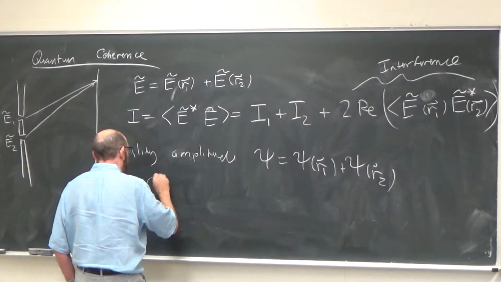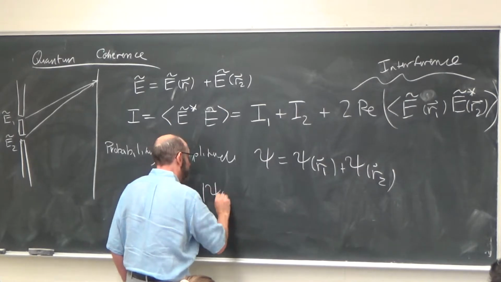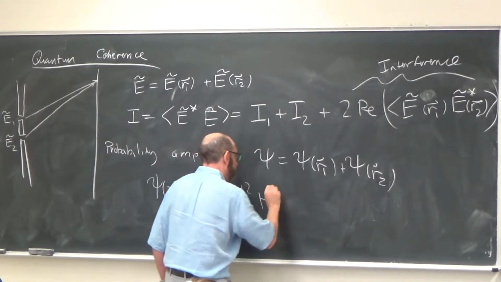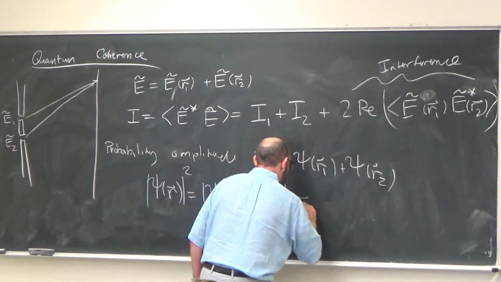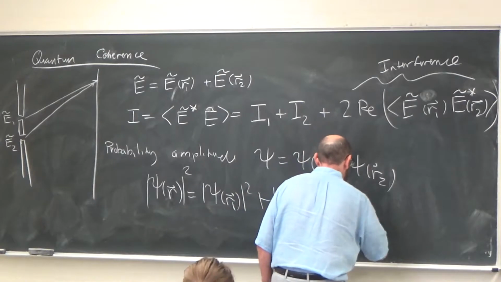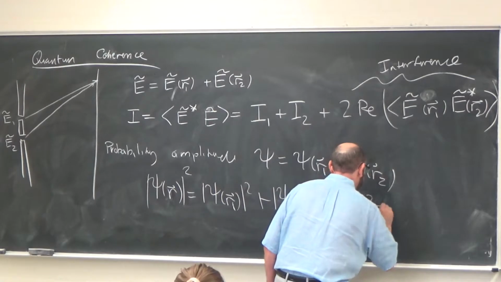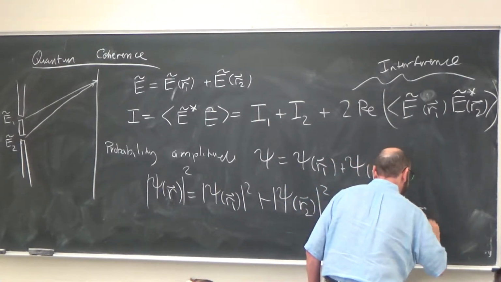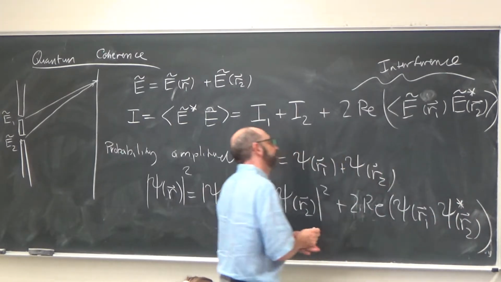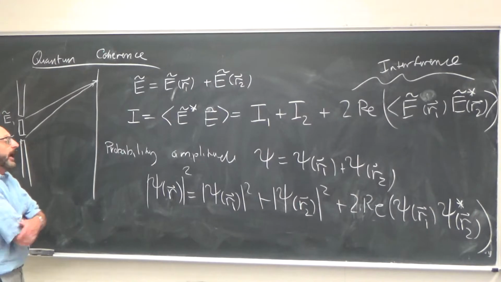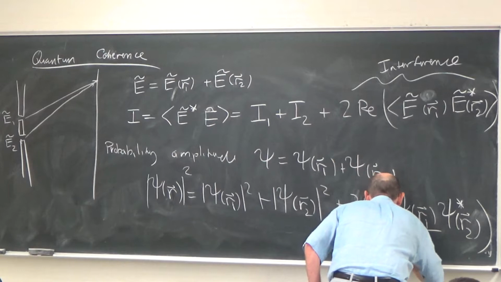And think about the total probability density in terms of Born's rule. And of course, we talk about this as terms involving quantum interference.